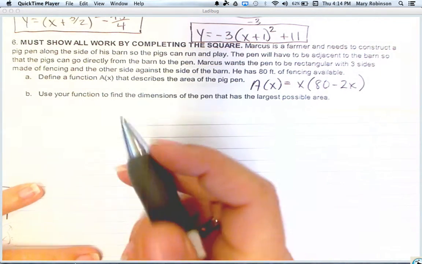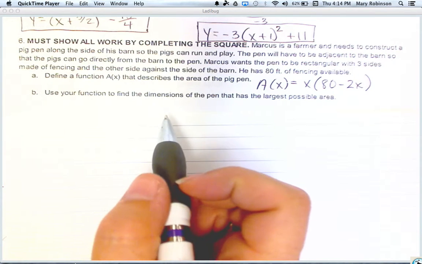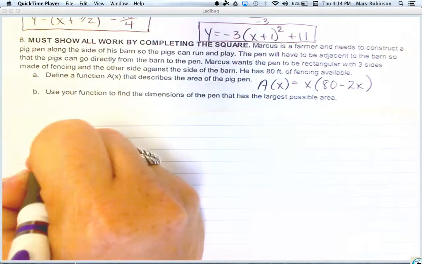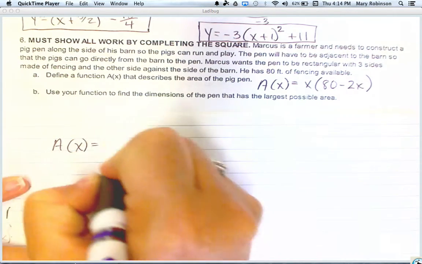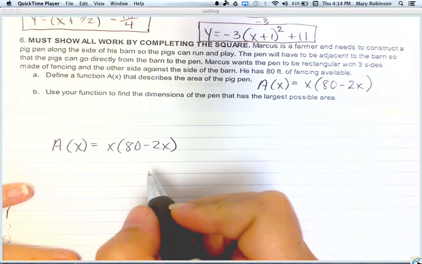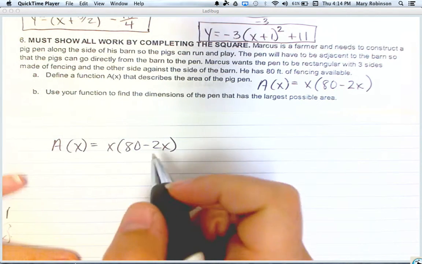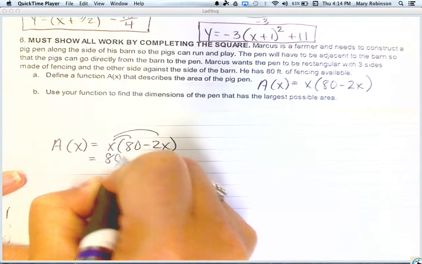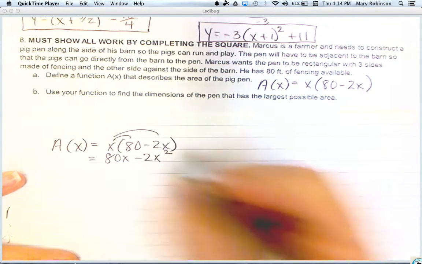So, part B says use your function to find the dimensions of the pen that has the largest area possible. We should recognize some things about this function that will help us to answer that question. This is our area function, width times length. If we were to distribute this, we end up with 80x minus 2x squared.